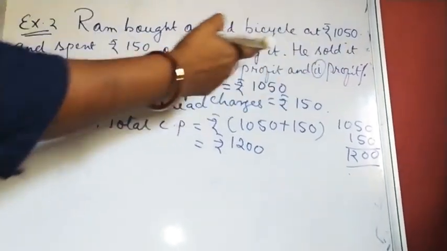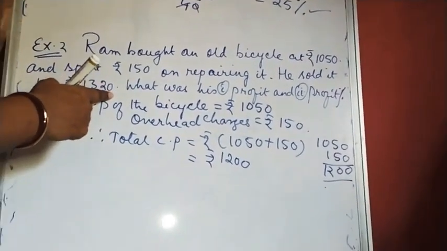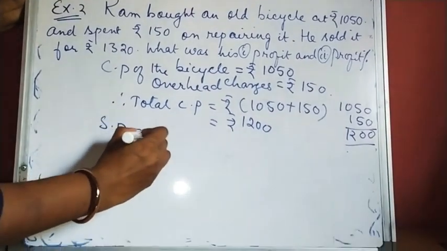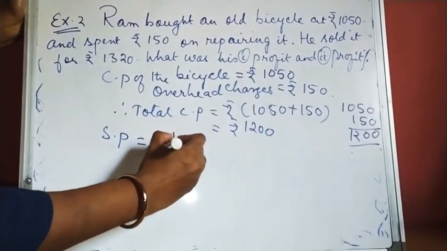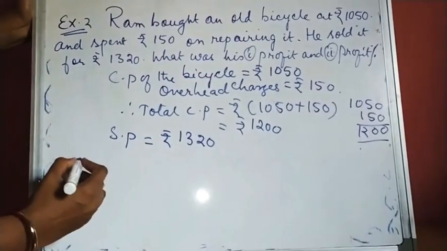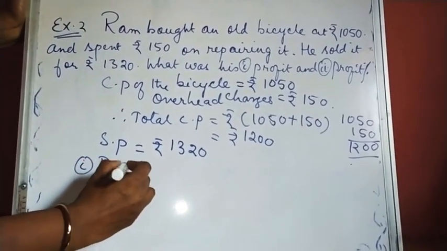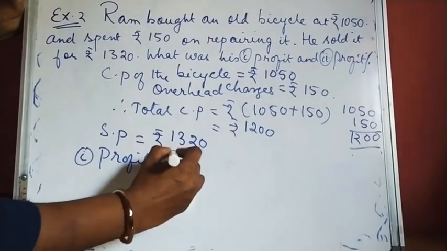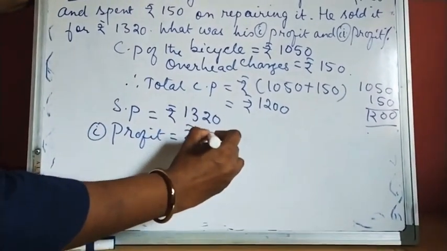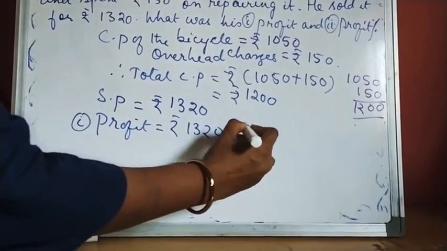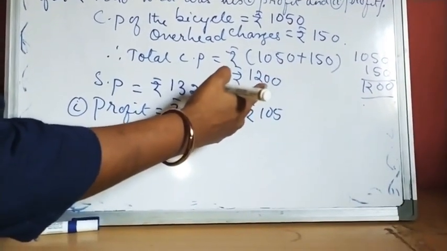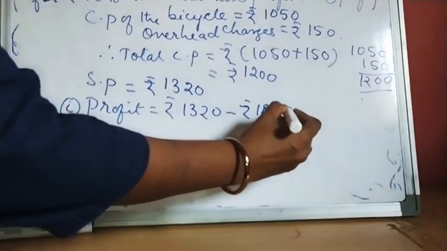Then it says he sold it for rupees 1320. So here the selling price is equal to rupees 1320. What was his profit? So we all know how to calculate the profit. Profit is equal to rupees 1320 minus the total CP, which is how much? 1200.